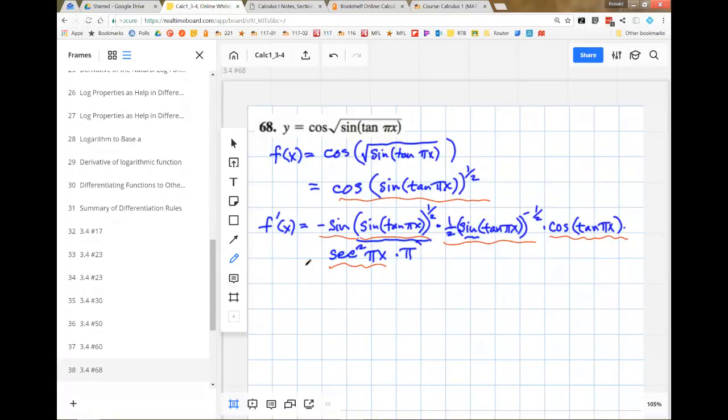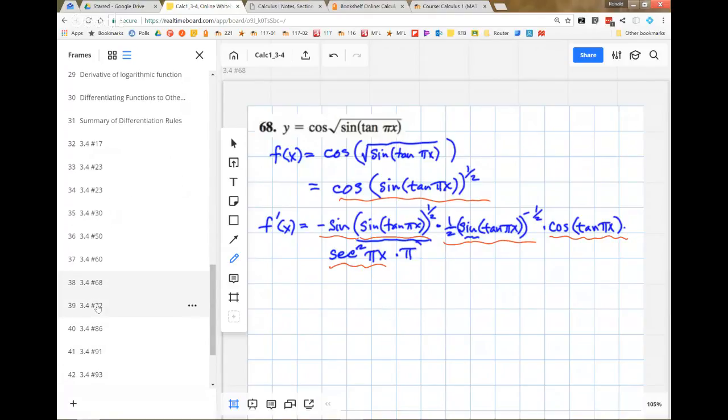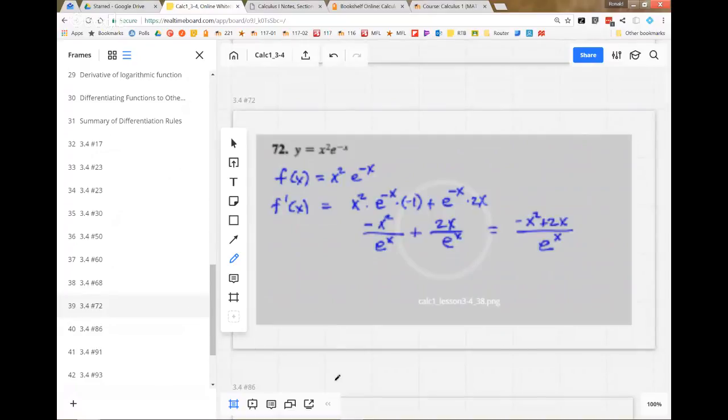And there's really no wonderful way to simplify. You could go back to square root signs, but you can't really simplify it. All right, 68.